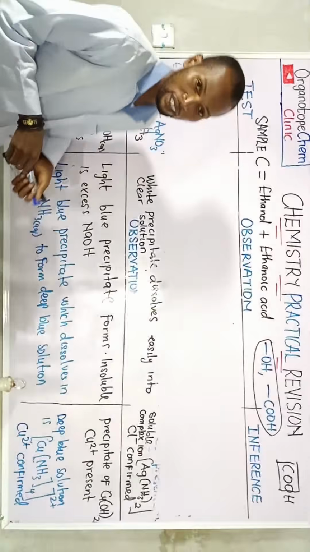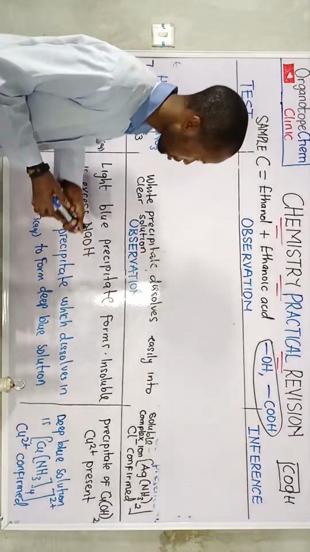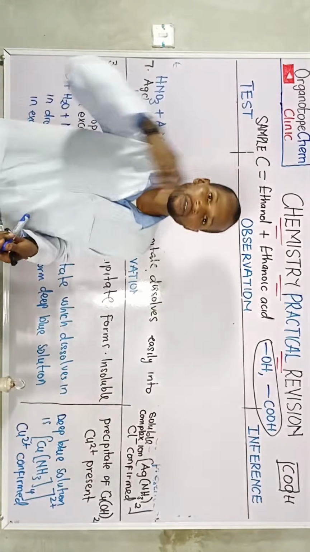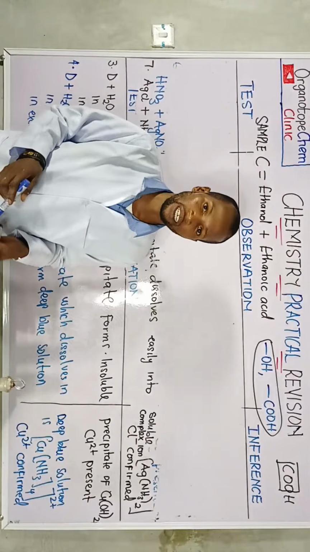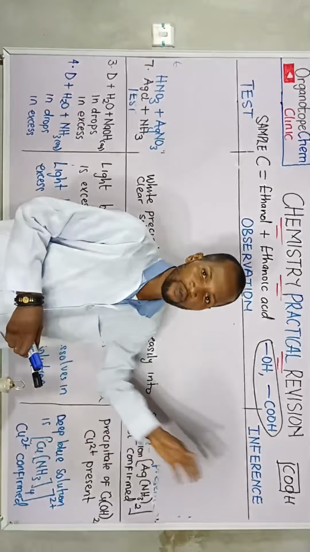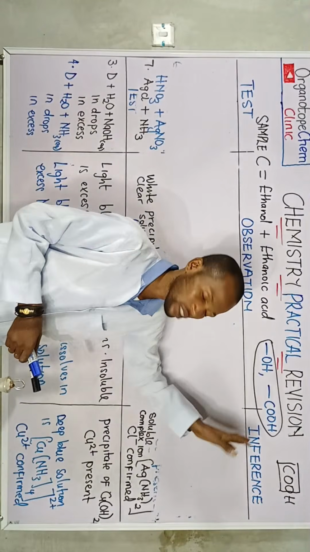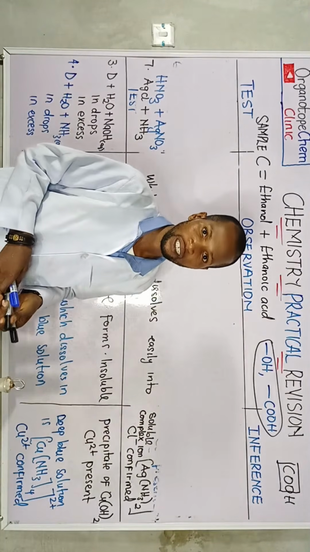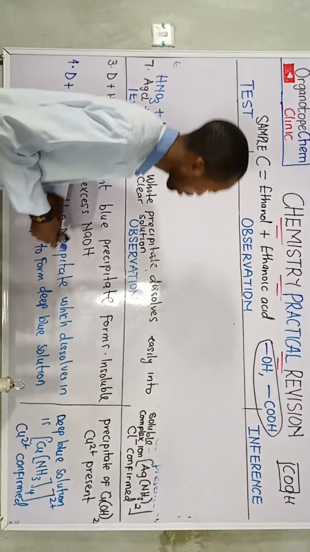Yes, Emisioluwa, that's correct. Calcium hydroxide. So let's write the equations for this. If we are considering the first test, the compound is tested for the carboxylic acid functionality.